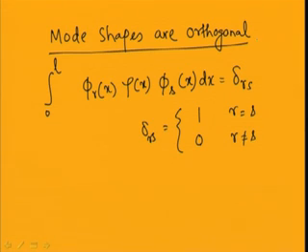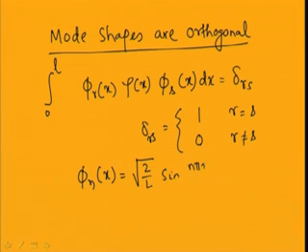To prove this, we have already found the mode shape for the nth mode: phi n of x equal to root over 2 by L sin n pi x by L. By substituting this expression, we can show that.